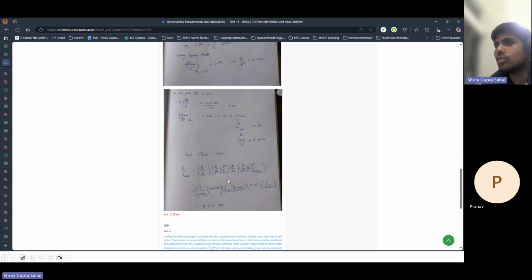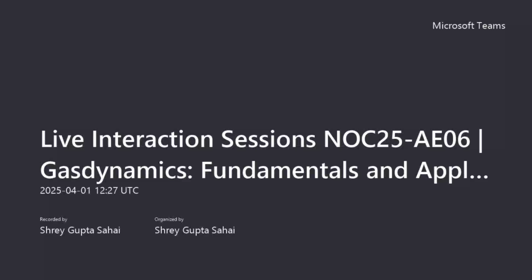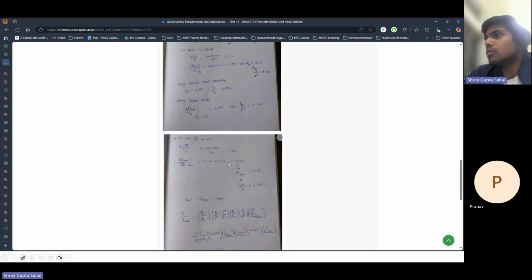I think you're able to see my screen, right? Yes, I can. So there is a small error, I think. What this person has done is subtract P by P star minus 0.24. This is an error, no?